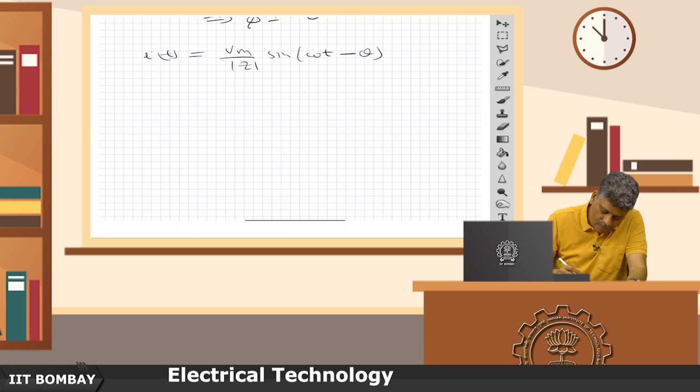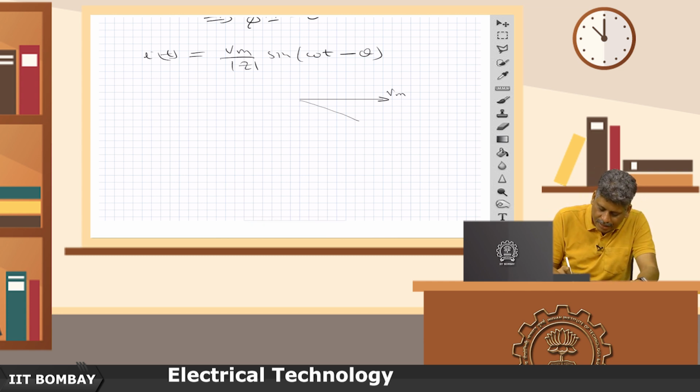So if the voltage phasor Vm sine of omega t is represented by this phasor Vm, then the current phasor I of t is represented in magnitude by Im here, which is Vm by the magnitude of z, and an angle of minus theta.